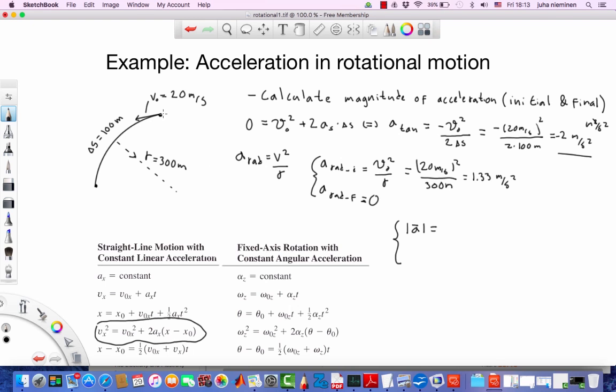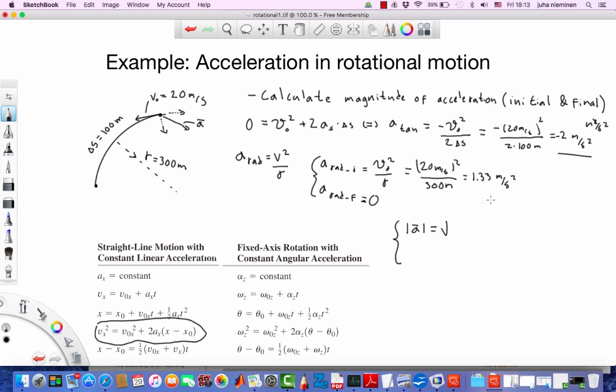Again, for example, in the initial case we have tangential component this way, and then the radial component perpendicular to it. So their total sum would be looking something like this. That's a total. And the magnitude is using Pythagorean theorem.